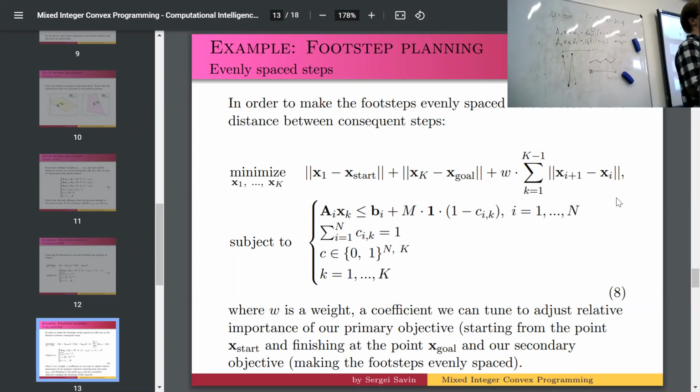So if you want to even out distances, always square them in the cost function. If you want to have y equal to x1 plus x2 plus x3, and you want x1, x2, x3 approximately equal, take the square of them in the cost function. The solution is always going to be approximately even distances. That is how squares of the norms work. Okay, that's footstep planning.